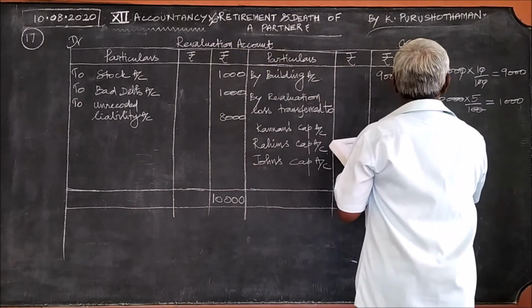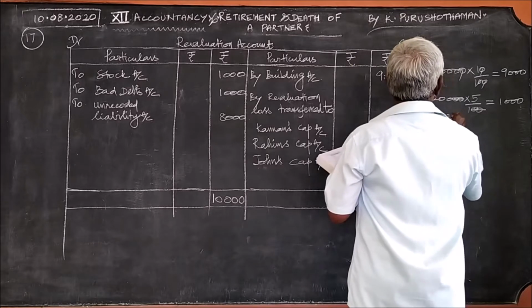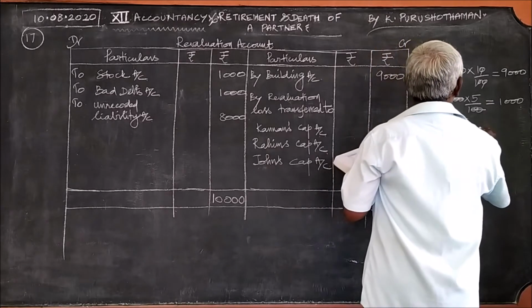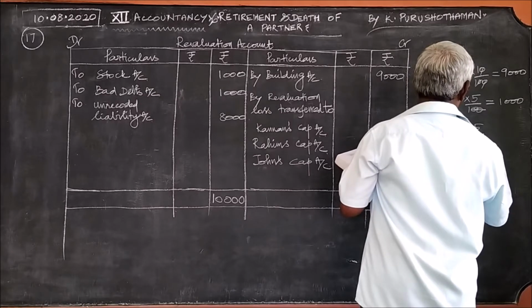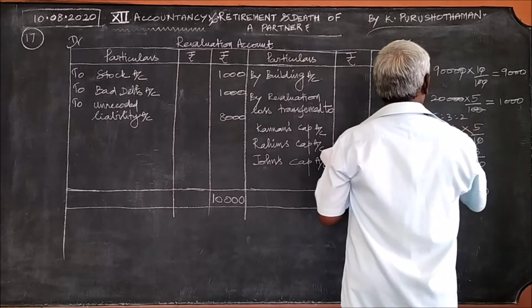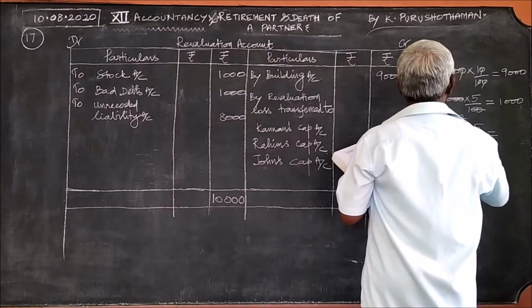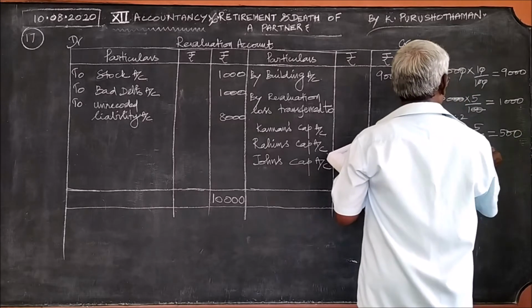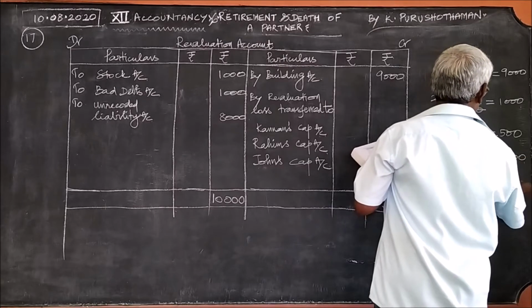Therefore, 1,000 into the ratio 5:3:2. 5 plus 3, 8, 8 plus 2, 10. That is 5/10, 3/10, 2/10. 5 into 100, 500, 3 into 100, 300, 2 into 100, 200.